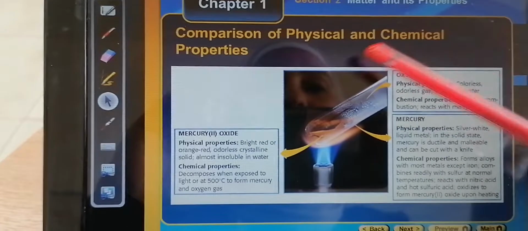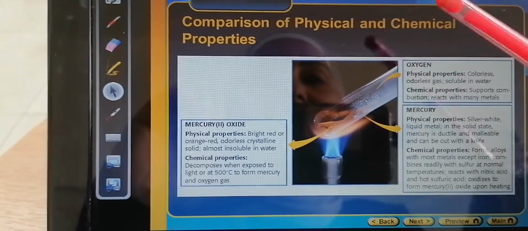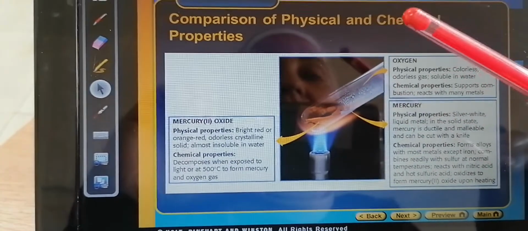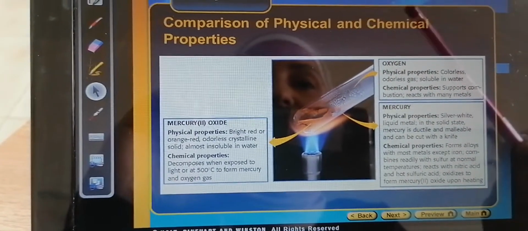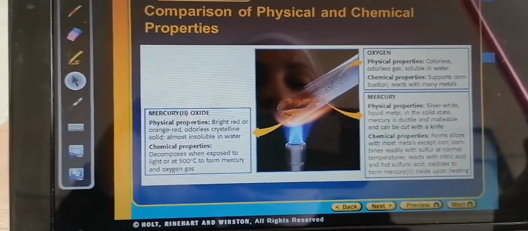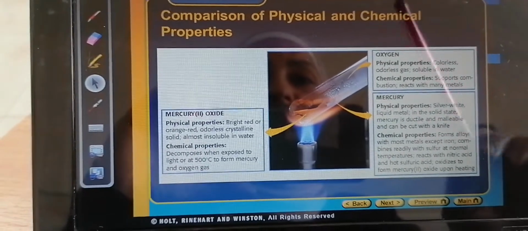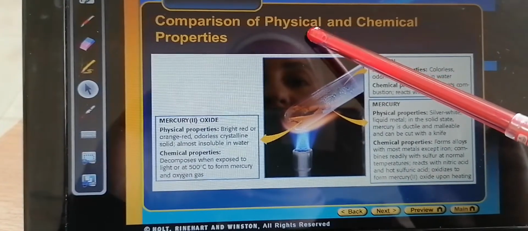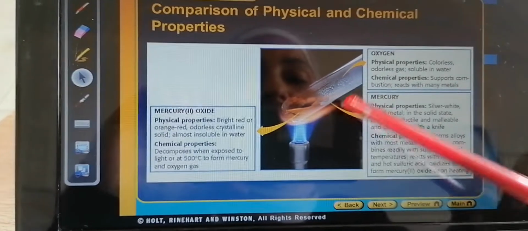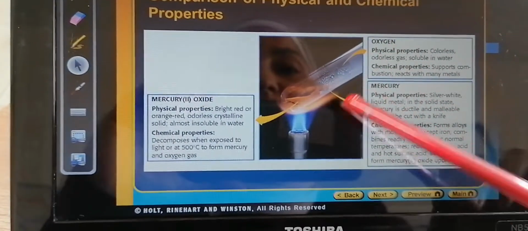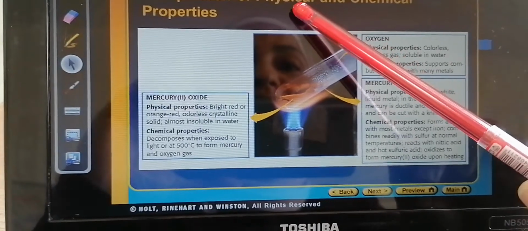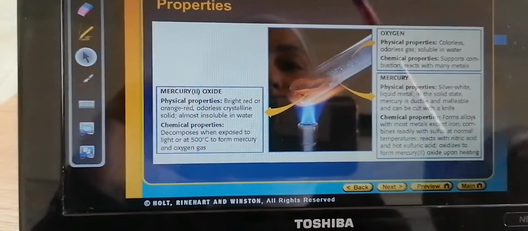Now, the comparison of physical and chemical properties. We said that physical and chemical properties are different than chemical change and physical change, okay? So, again, if I'm talking about physical and chemical properties, I'm describing the substance or whatever system I have. Anything I use to describe using my senses is a physical property.